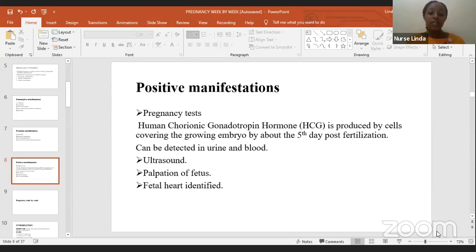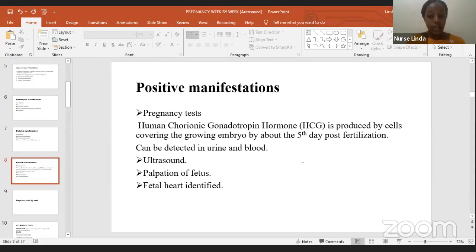These positive manifestations include a pregnancy test, and we have already ruled out that the HCG, which is the human chorionic gonadotropin hormone, can be present in the maternal blood or urine to show a positive pregnancy test, but it is not an ultimate pregnancy confirmation test.